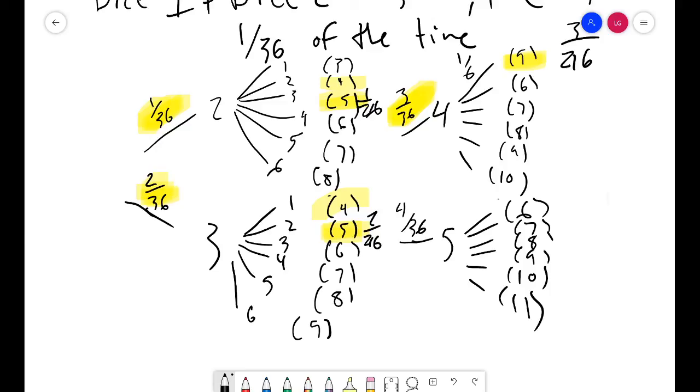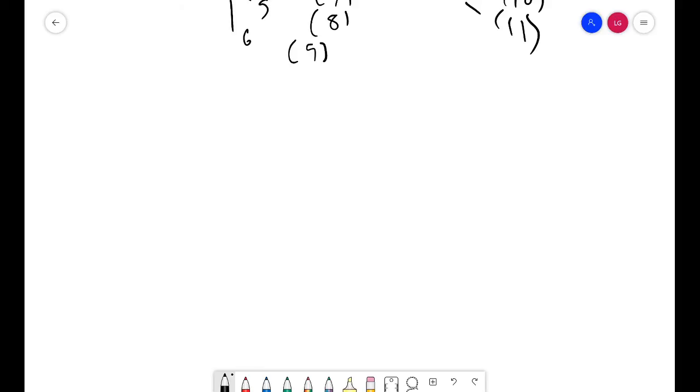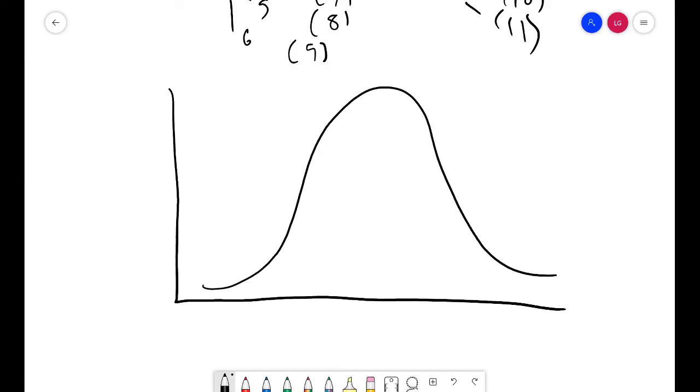Suffice it to say that a similar type of pattern emerges, right, in the sense that getting some of the middle sums between 3 and 18 are more likely.